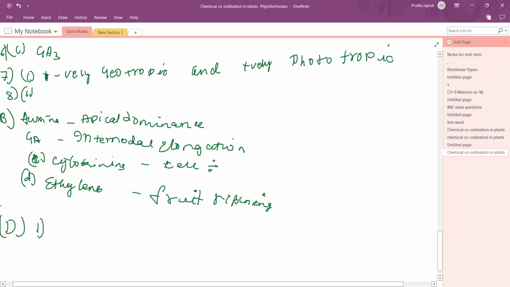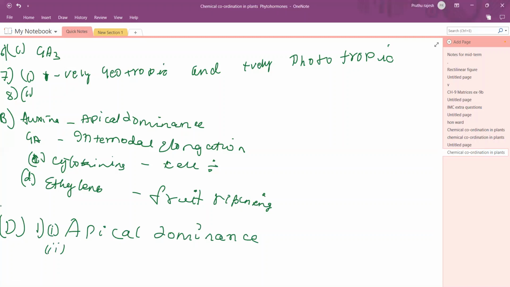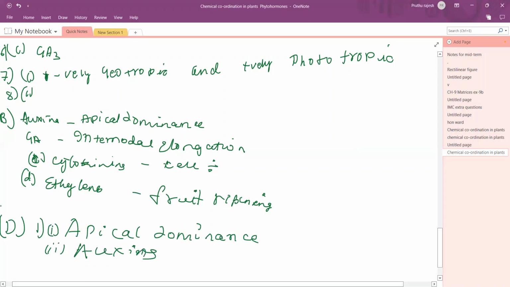Apical dominance. What plant hormone is responsible for the scientific phenomenon mentioned in A? Auxin. Name one plant hormone which inhibits this phenomenon. Obviously, it's cytokinin.